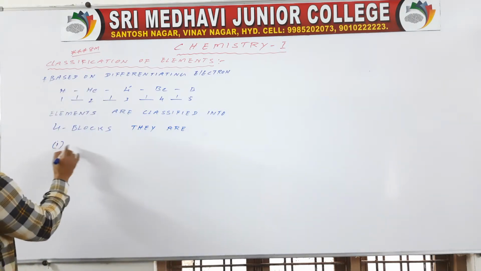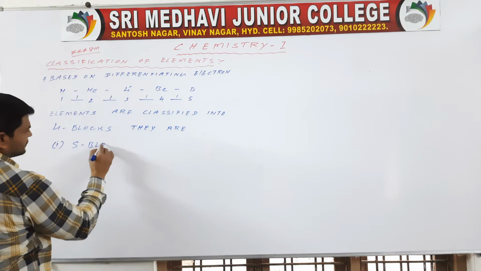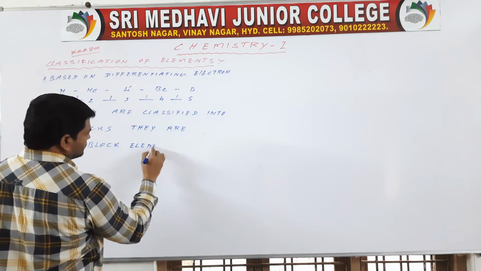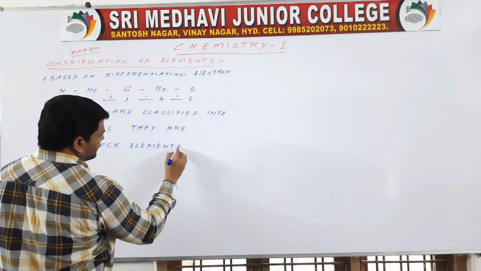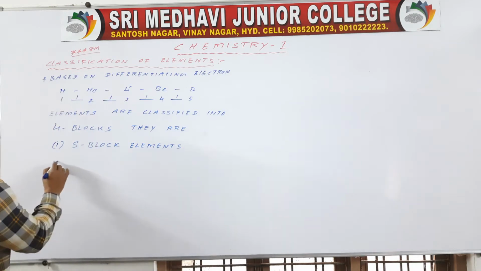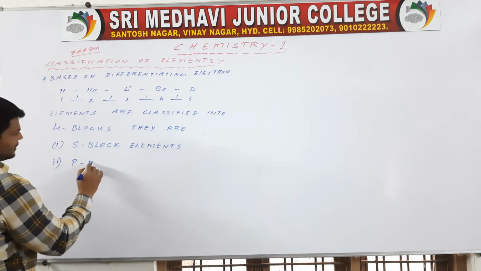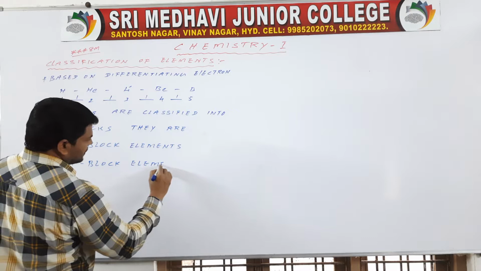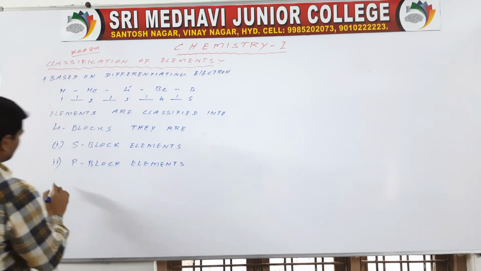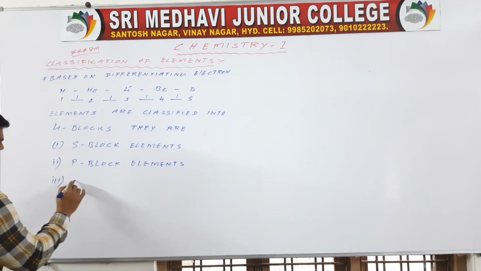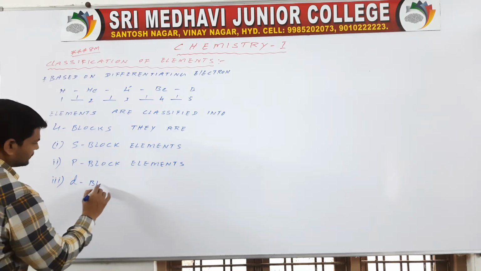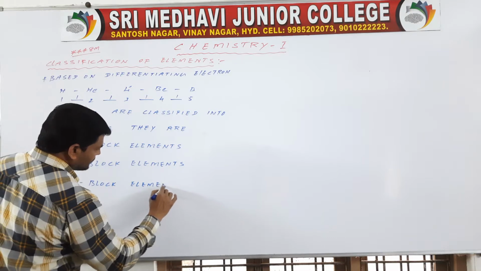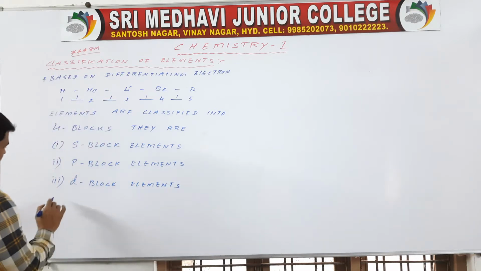They are: first one, S block elements. Second one is P block elements, and third one is D block elements.